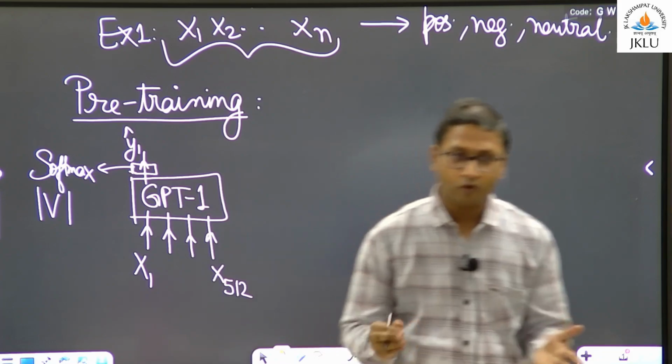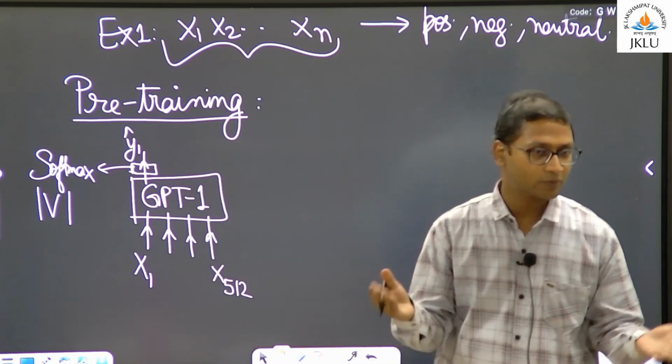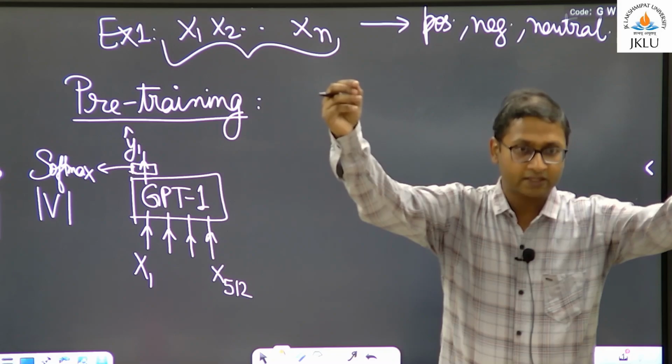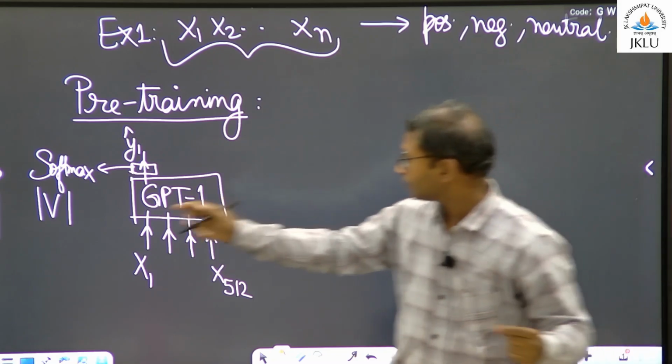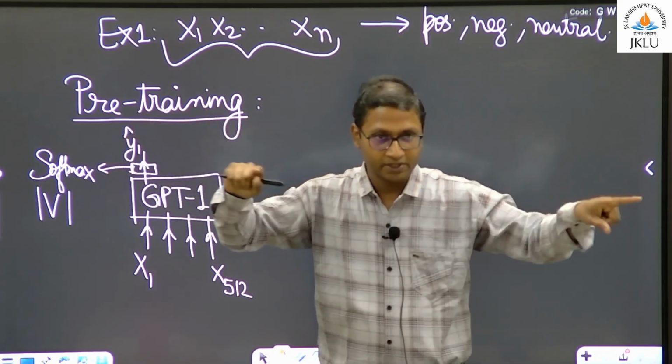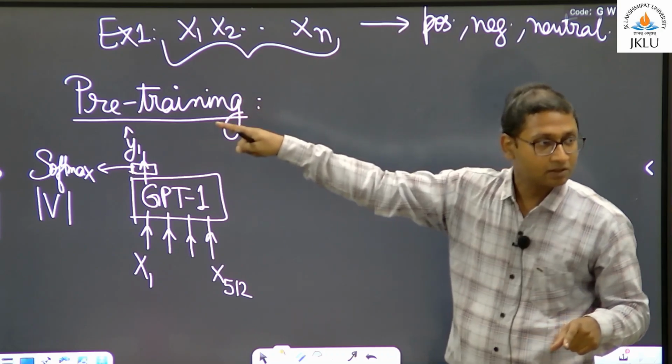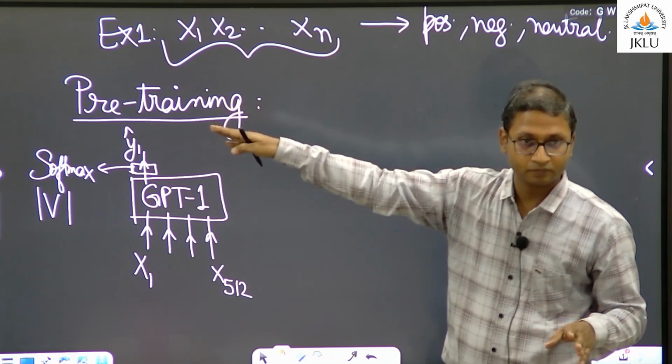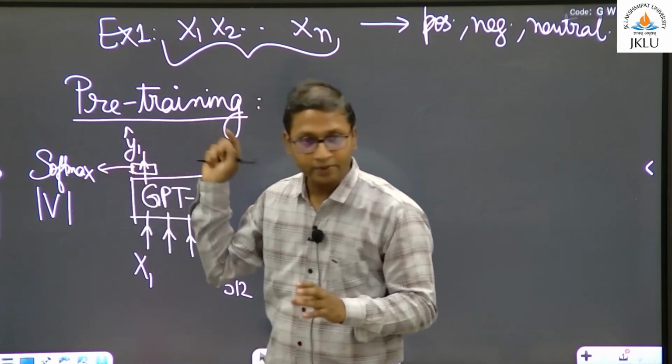You always do softmax over your vocabulary size, because which word you are going to choose next, that is what you are supposed to figure out. So this softmax will be a probability distribution over your vocabulary size, which is what in this case? 40k. Okay? So you assign probability to one of them.